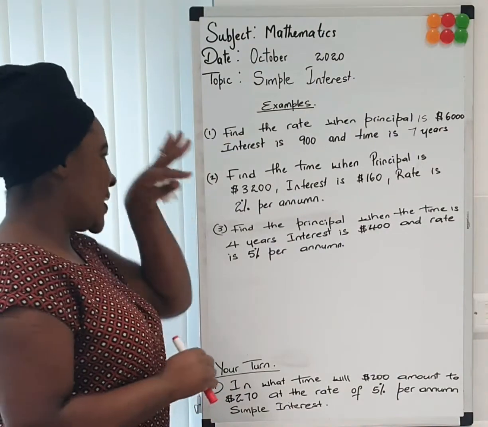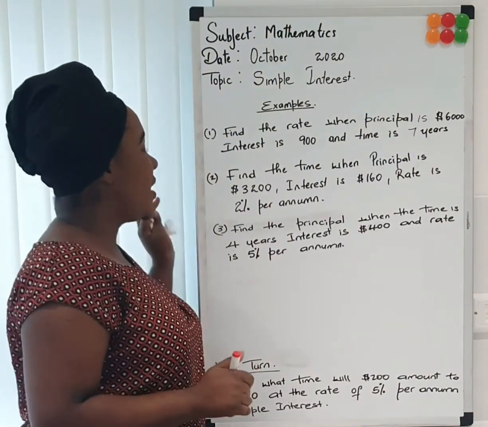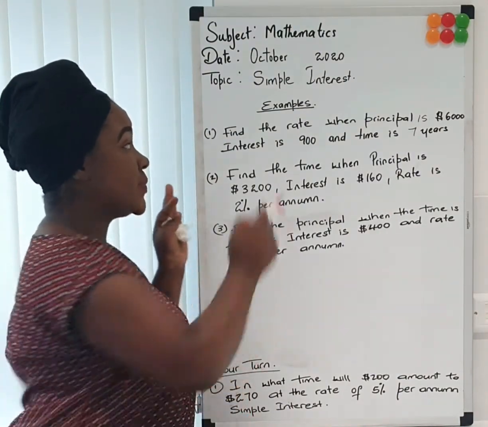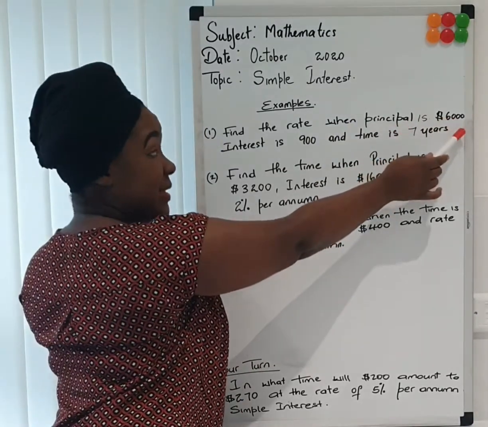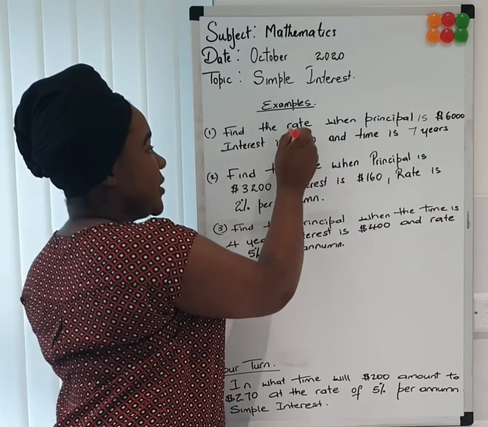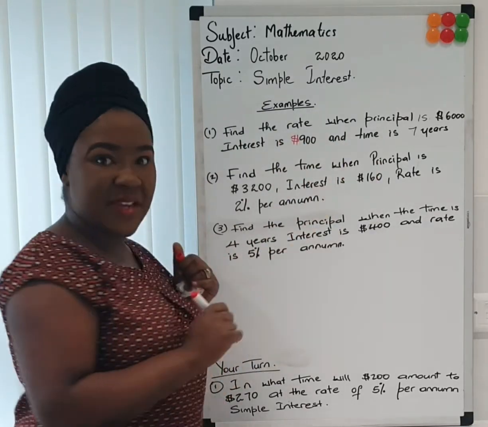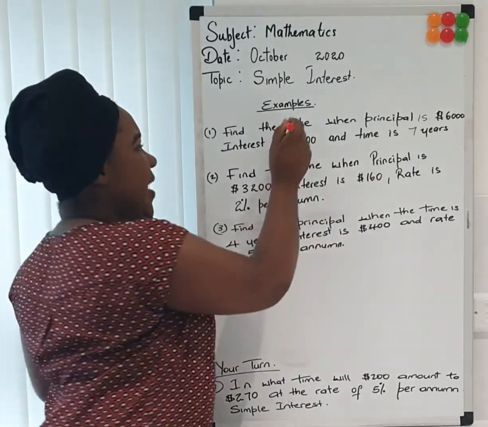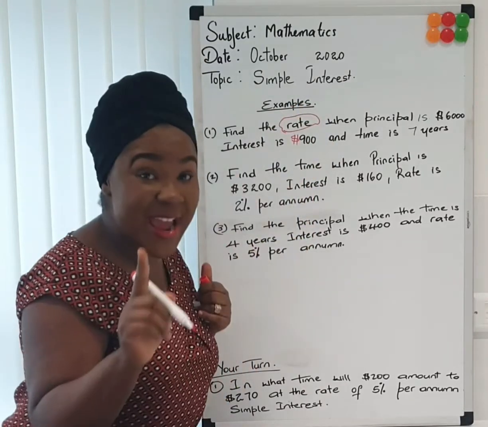Alright, so let's go. Our first question says, find the rate when principal is 6,000, interest is 900, and time is 7 years. So they're asking us to find the rate.